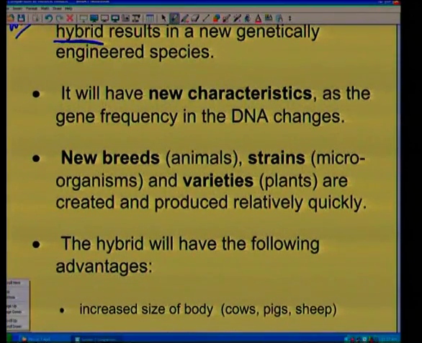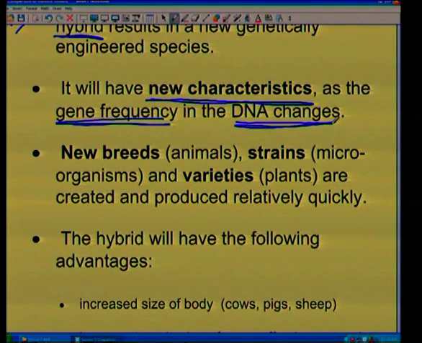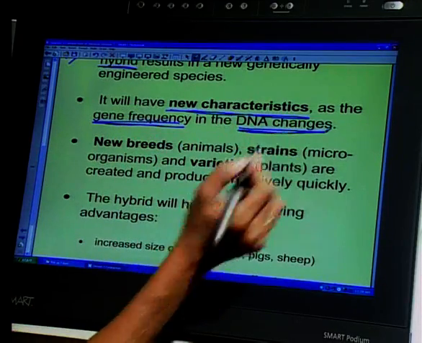Now, this new organism, this new species, will have new characteristics, different from the original species. And now remember your gene frequency, and that results in DNA changes. So new characteristics, new gene frequency, and therefore DNA changes.